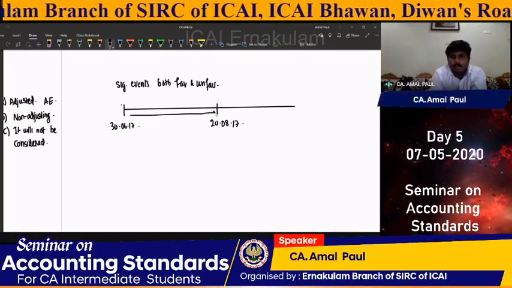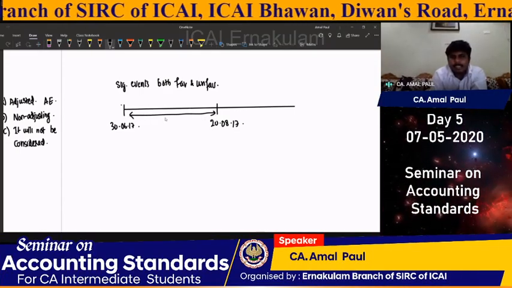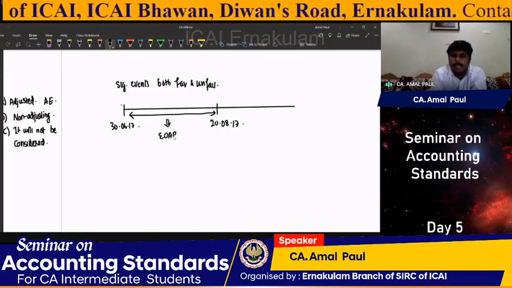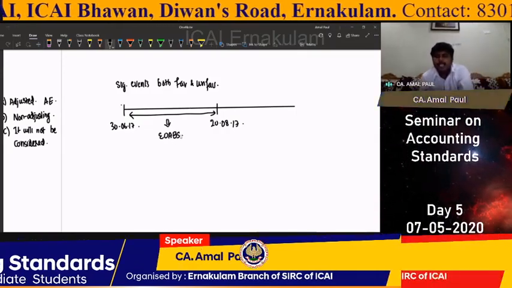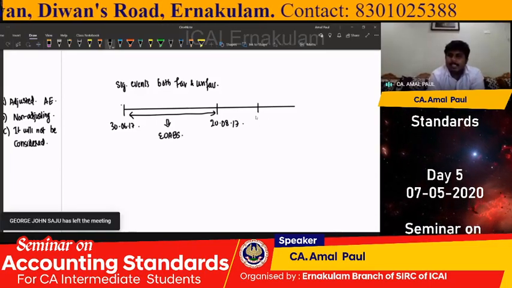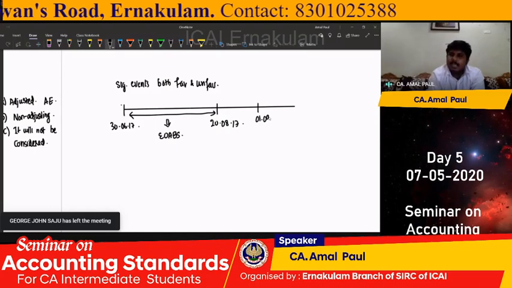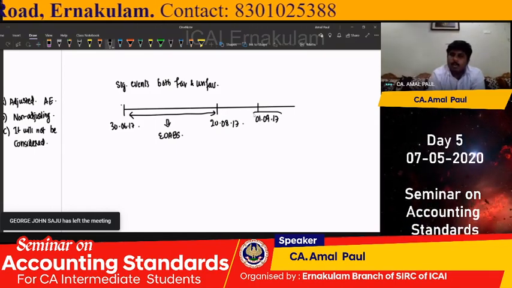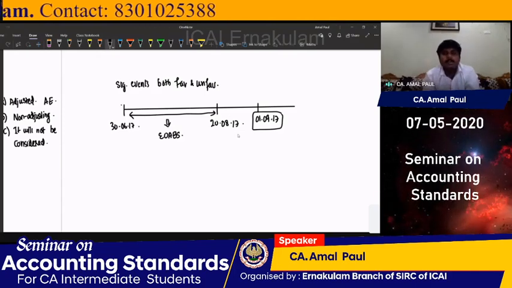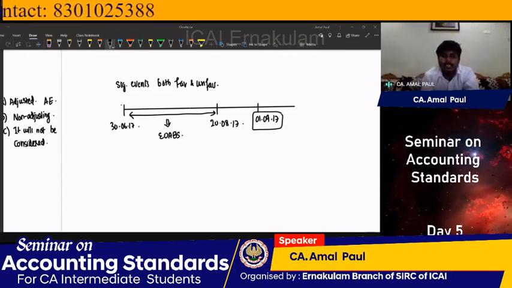Only events occurring between these dates constitute events occurring after balance sheet date. What happened in this case is that this event happened on 1/9/2017. Therefore, this will not be considered in the financial statements at all.